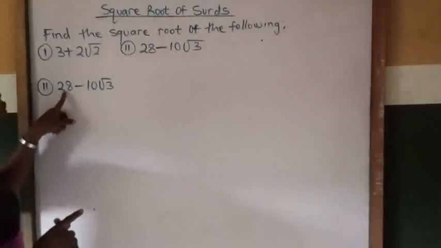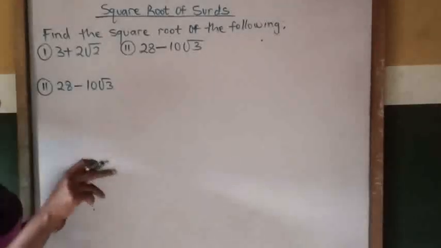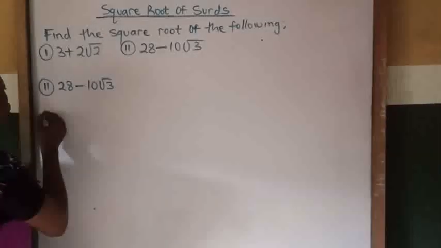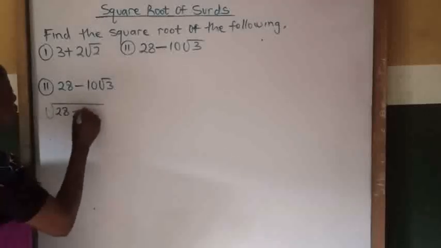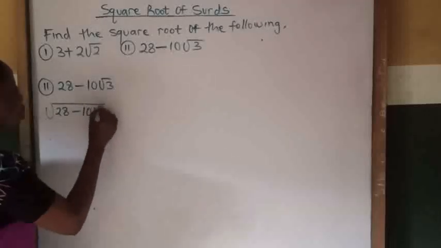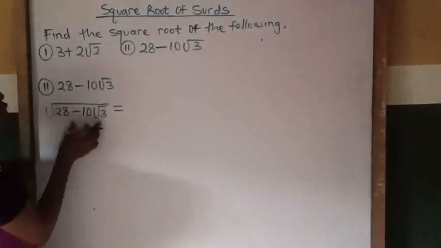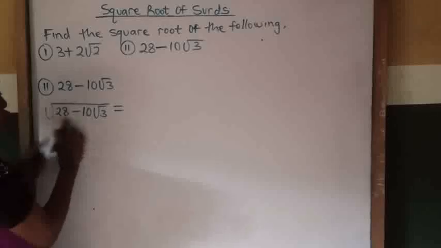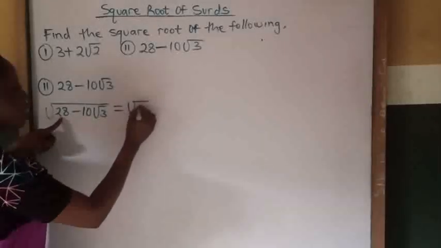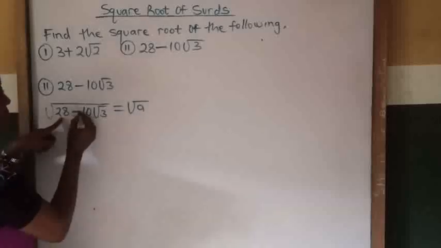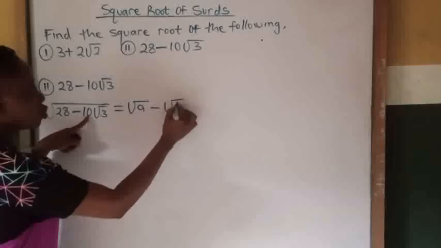So, to calculate the square root of 28 minus 10 root 3, you equalize this with unknown roots. So, the square root of 28 minus 10 root 3 will be equal to different unknown roots. So we have two terms under the square root. The first one is 28, so we are going to replace 28 with unknown roots, then minus 10 root 3 with another unknown root.